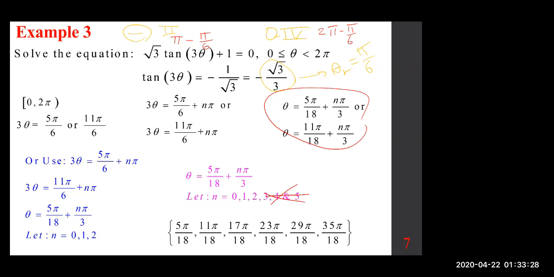Just for the sake of argument, I want you to know that you really have 2 choices. If you go with 0, 1, 2 for each one, you get to the answer. If you choose the smaller of the 2, you have to go all the way to number 5.